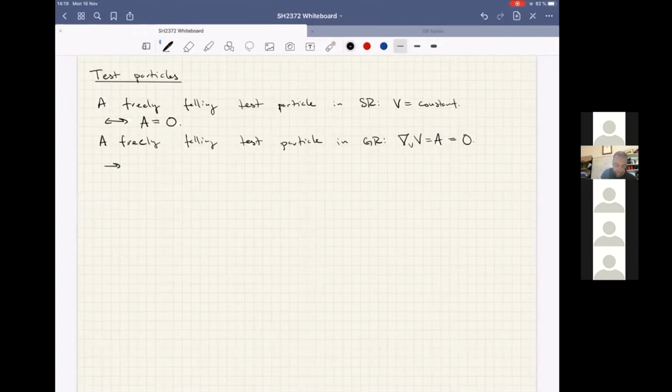This means that test particles, or freely falling test particles, move along geodesics in space-time. So this is the concept that we are going to use.